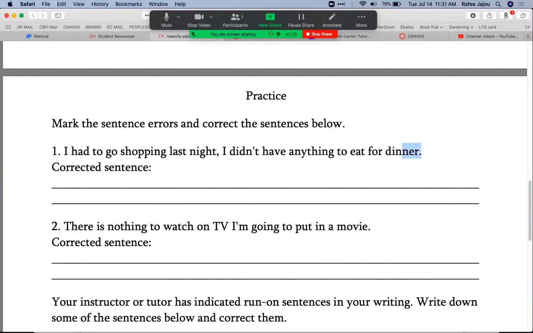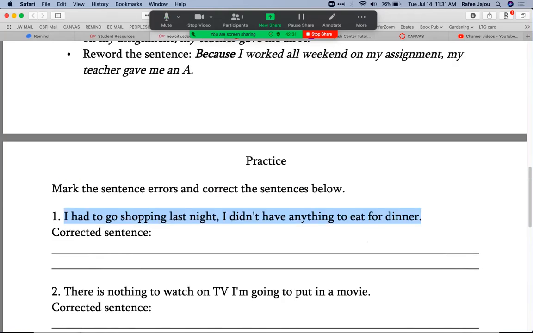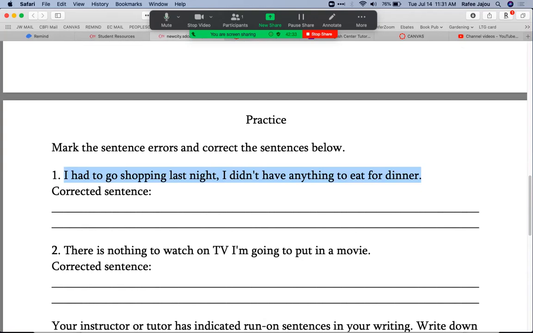Why is that okay? Because they're related in idea. Option 4, reworded. Okay. Let's see here. Actually, you're going to have to take this, cut and paste it to the front. Basically, you're going to flip these 2 statements. Since I didn't have anything for dinner, comma, I had to go shopping last night, period.